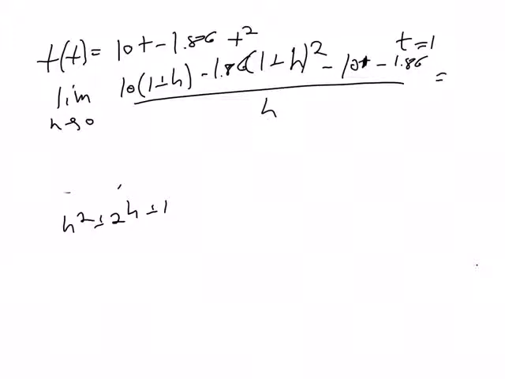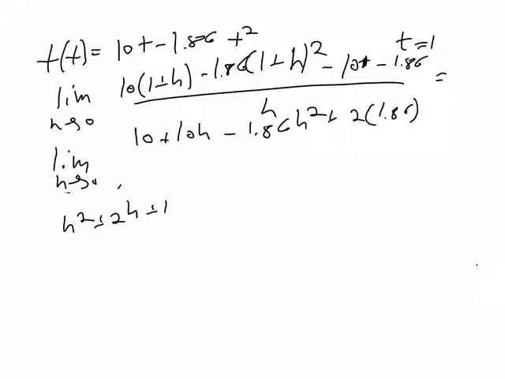So this is equal to the limit as h goes to 0 of 10 plus 10h minus 1.86 h squared plus 2 times 1.86 h plus 1.86, with a minus in front, so this is a minus, and this is a minus, minus 1.86, minus 10, so these cancel.